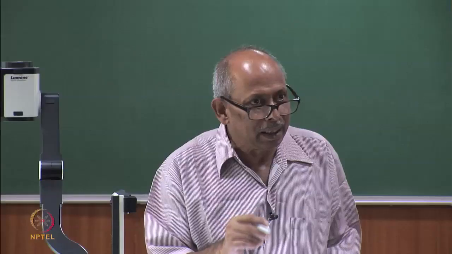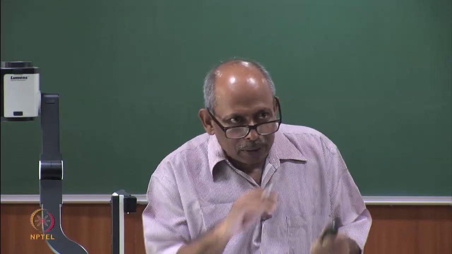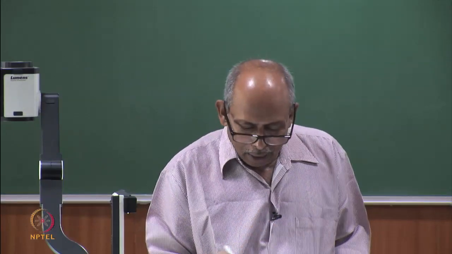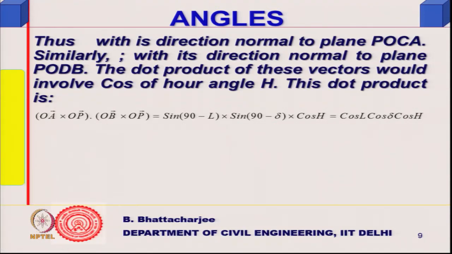When it is the sun, it is 90 degree minus delta, because from the equatorial plane the angle is delta. So, this is OB OA OP sine of this, and sine of between OB and OP, which is nothing but 90 minus delta, cos hour angle. So, this is cos L, cos delta, cos hour angle, right. So, this product we can find out in this manner, cos latitude, cos delta, cos hour angle.